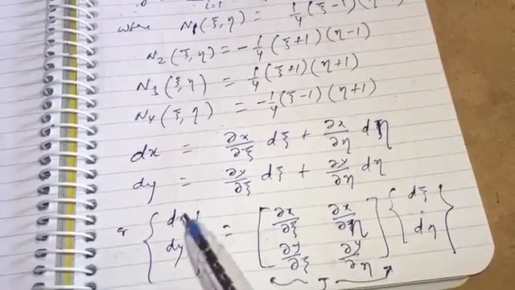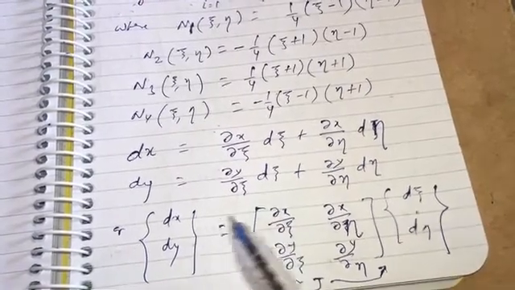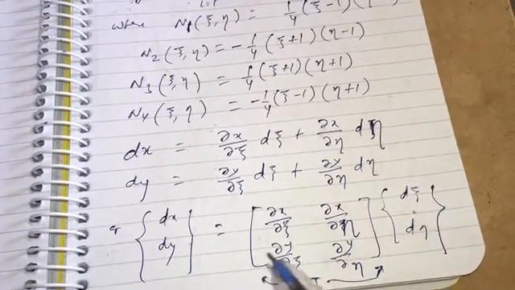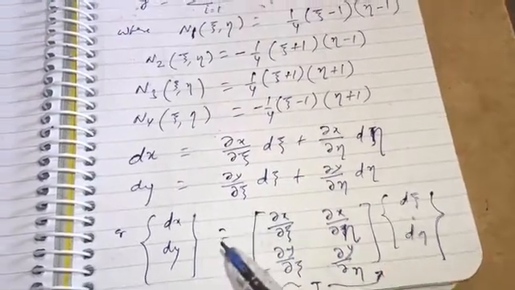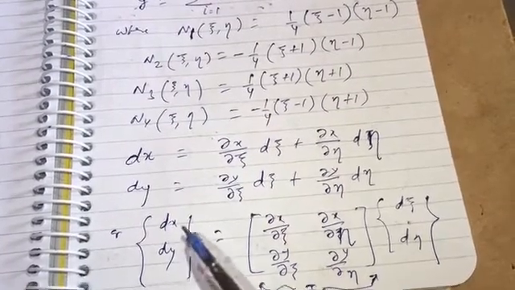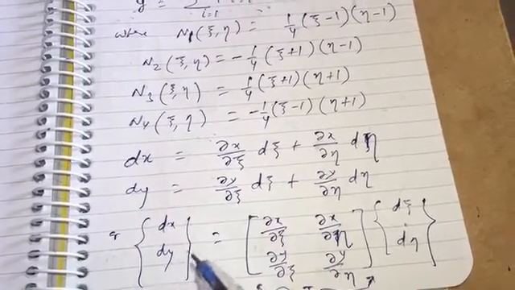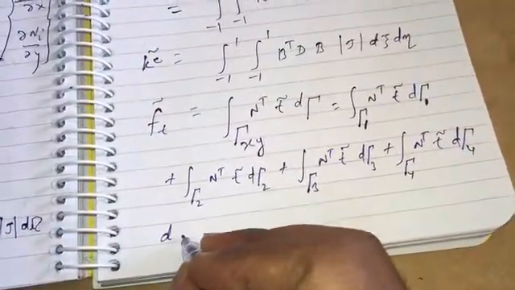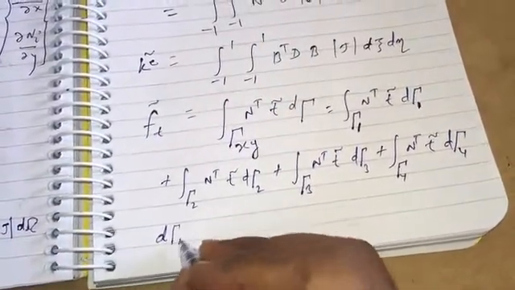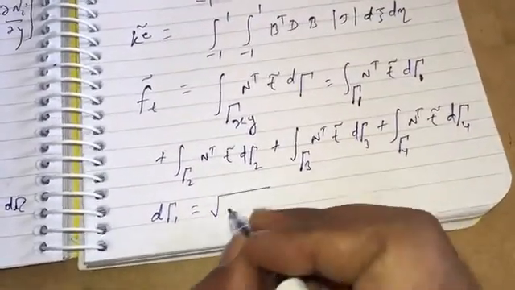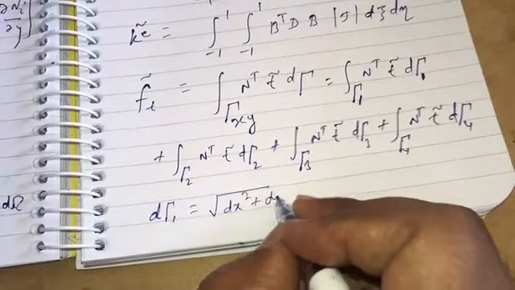Okay, and here accordingly dx and dy can be found out from here. But how are dx and dy related to d gamma? Actually, d gamma 1 is nothing but equal to root under dx square plus dy square.